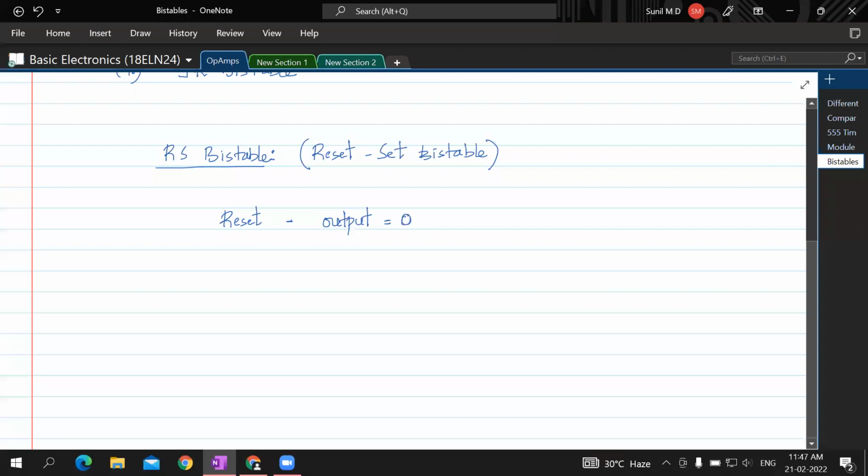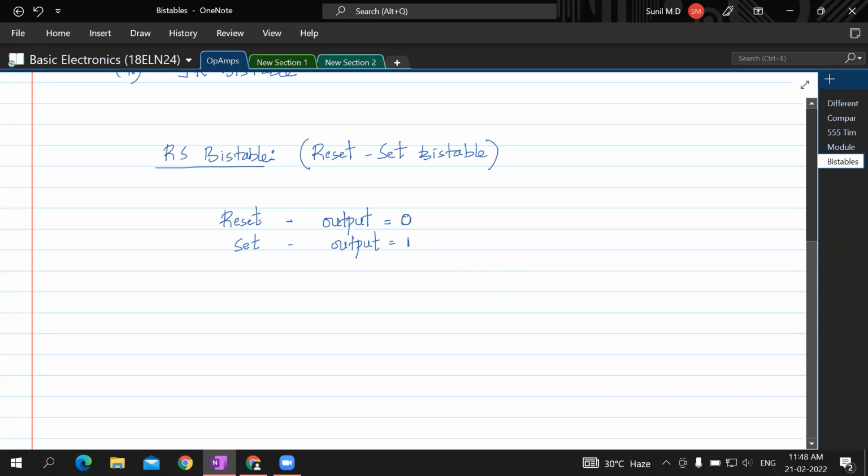It would be 0. If we say set, the output is 1. So if you are resetting the flip-flop or bistable, the output would be 0. If you are setting, the output of the bistable would be 1.